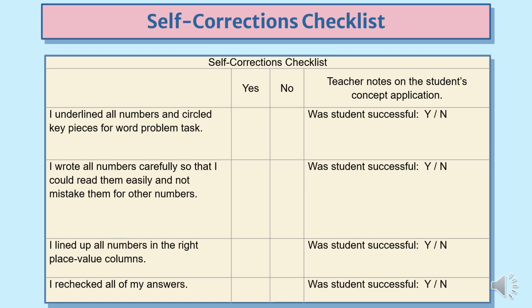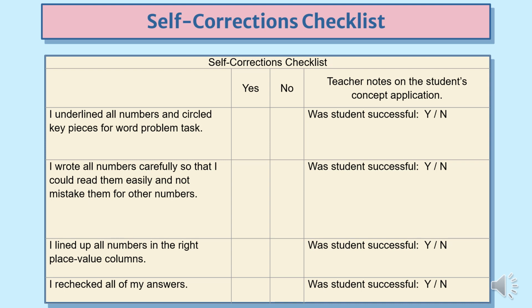This is an example of a self-corrections checklist that will be completed upon ending an assignment for each missed question that a student had. This will have them look at each individual missed question and complete the checklist, underlining any numbers and circling key pieces, and checking whether or not they were able to read their written work. Did they line their numbers up correctly?